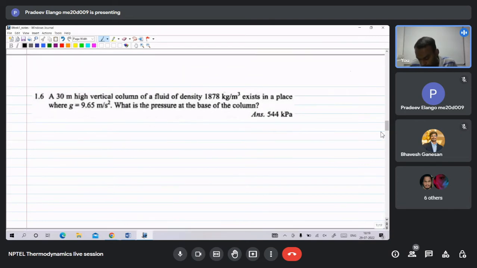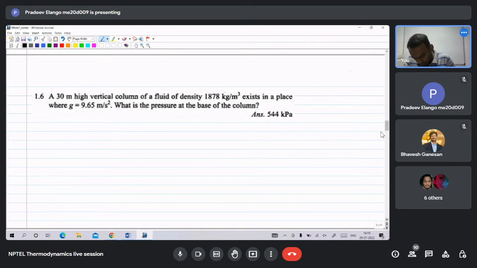So now the next problem, we have a 30-meter high vertical column of fluid of density 1878 kg per meter cube in a place where the acceleration due to gravity is 9.65. Now we need to calculate the pressure at the base of the fluid column.